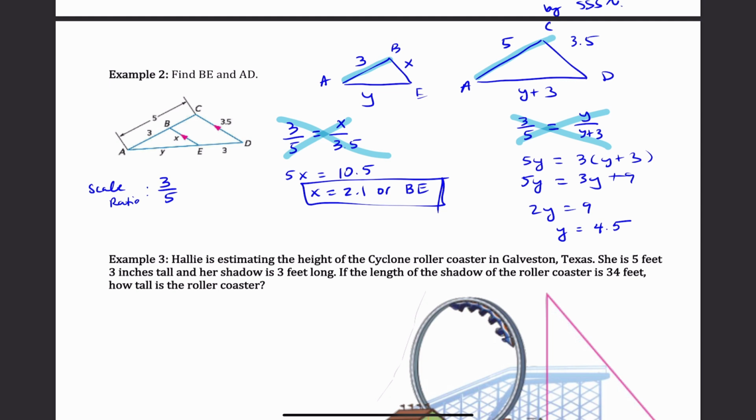So y is 4.5, and it's asking to find AD. And this is AD. Sorry, I'm going to use a different color. So this is AD. So AD is 4.5 plus 3 equals 7.5. And that is my answer. Okay, so that's the measure of AD.